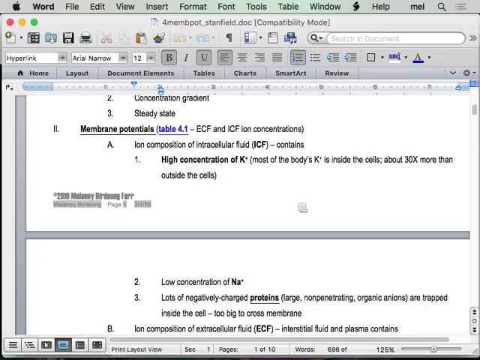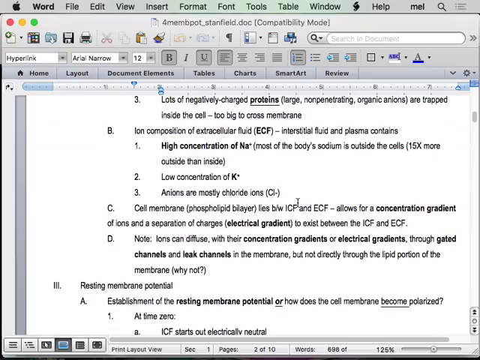The ion composition of the extracellular fluid has a high concentration of sodium and a relatively lower concentration of potassium. Although I didn't tell you this before, the extracellular fluid's primary source of negative charges is chloride ions. Not exclusively, they're just in really high concentration in the extracellular fluid.